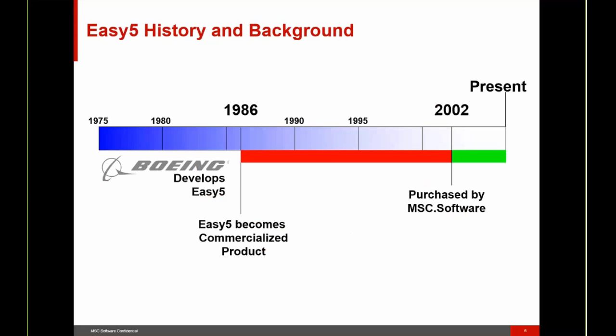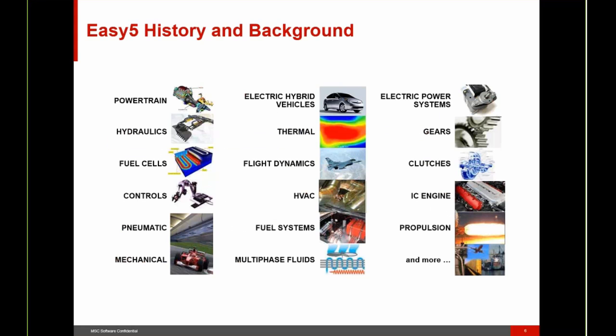Easy5 has been developed continuously for the past 40 years now. It originated at Boeing and in 1986 was commercialized with the first graphical user interface. In 2002, it was purchased from Boeing by MSC Software, and development has continued to the present time.